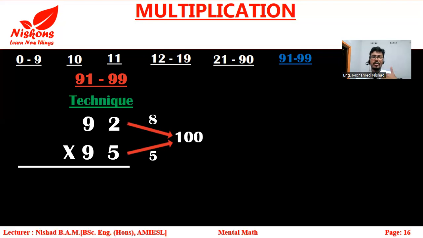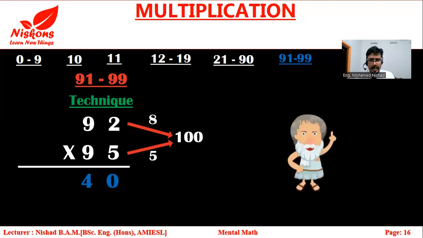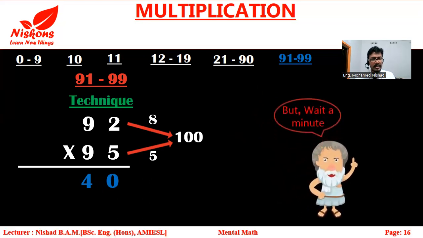Now what we have to do is multiply those differences together, right? 8 times 5 will be equal to 40, so the 40 will come over here like this. But you will say, no, we have to only write the 0 and the 4 will become a remainder.